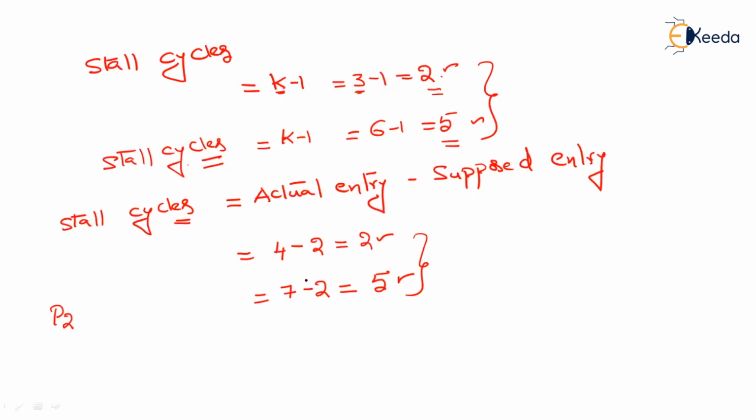Once you understand this, you don't need to bother about actual entry minus supposed entry, because you can get the answer simply by k minus 1. K is the stage in which the next instruction pointer gets computed. So this is 2, this is 5.